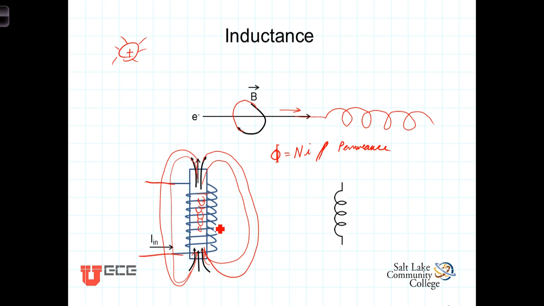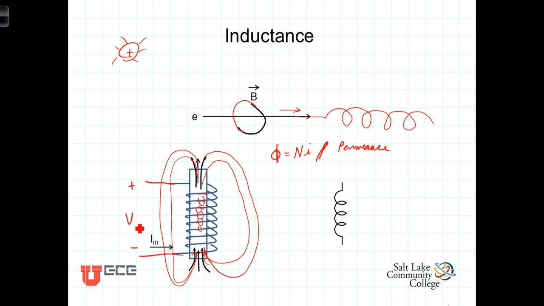But if the current changes, the magnetic field changes, and a voltage is induced across the terminals of the coil. The polarity of this induced voltage is such that it will oppose changes in the current. In other words, the induced voltage attempts to prevent or oppose changes of the current.